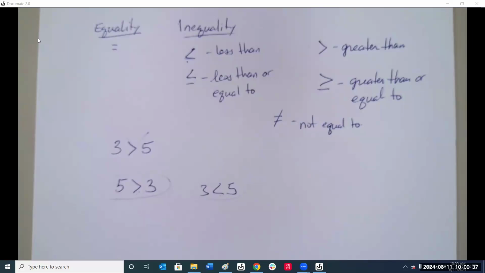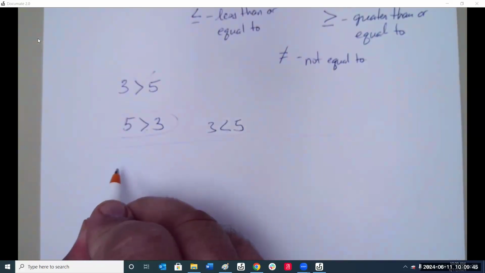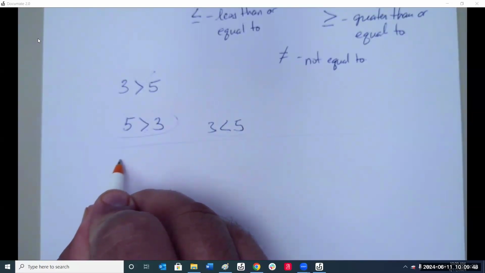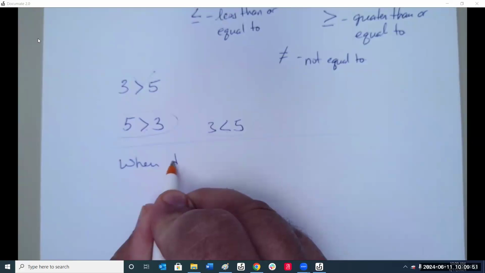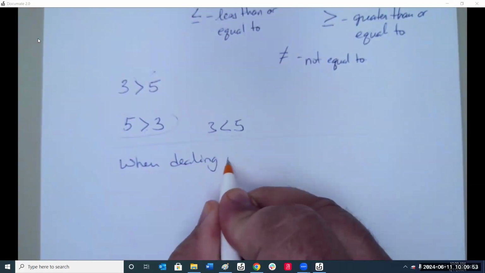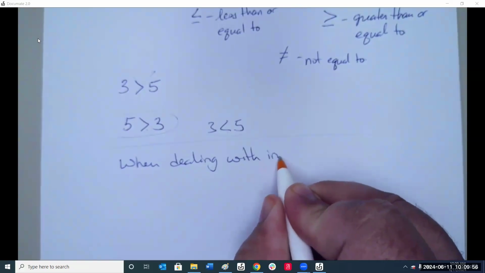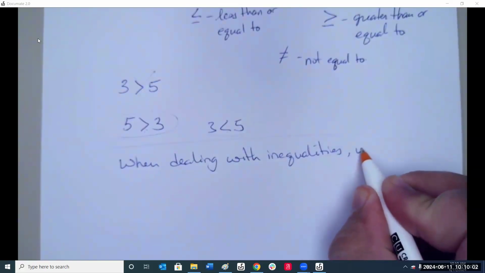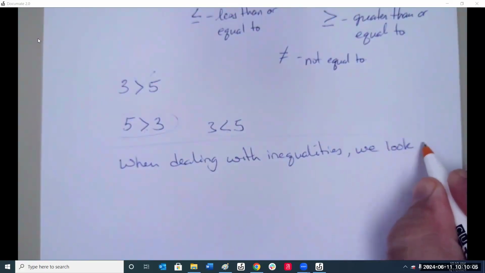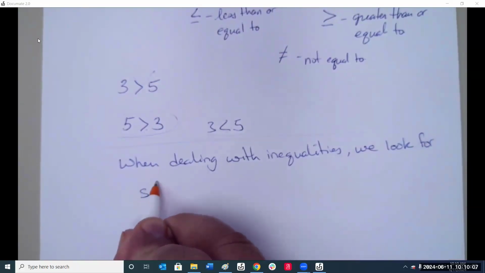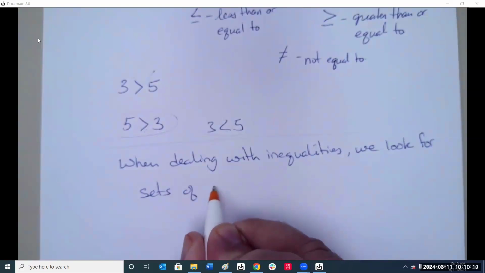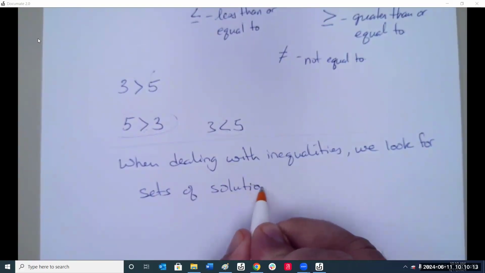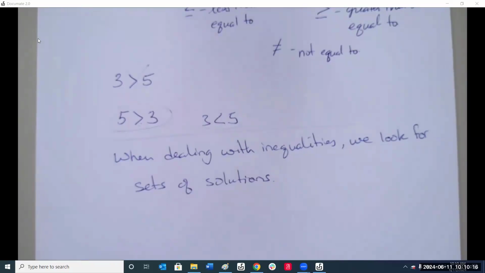Before we go through these, we're going to go through the whole series of inequalities because there are 3 types of statements that we're going to look for. When we deal with inequalities, we look for sets of solutions, not just one number.